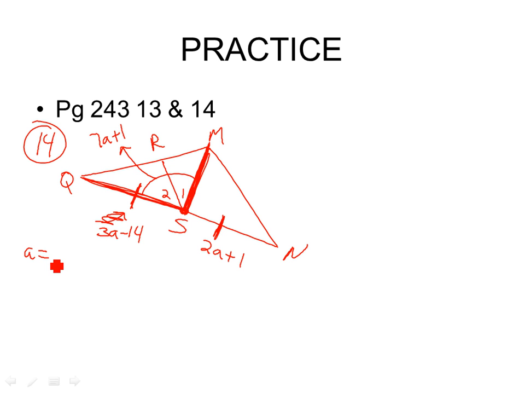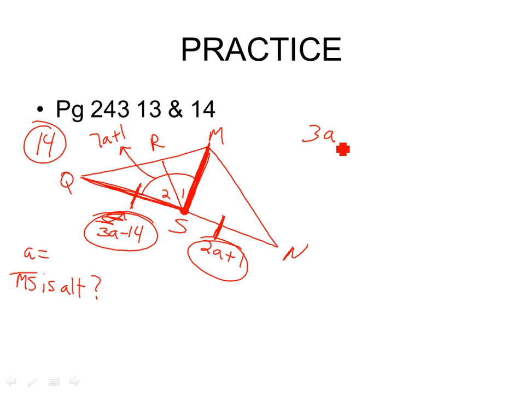And decide whether MS is an altitude. So we've got to make that decision. Well, what we're going to do here is, since we know it's a median, we know that these two segments have to be equal to each other.